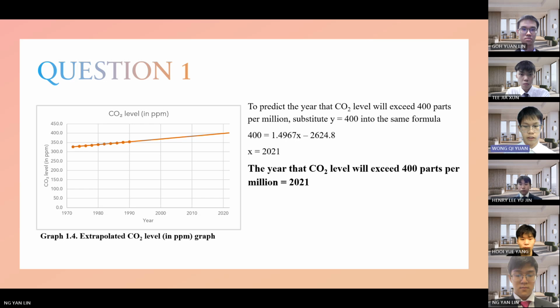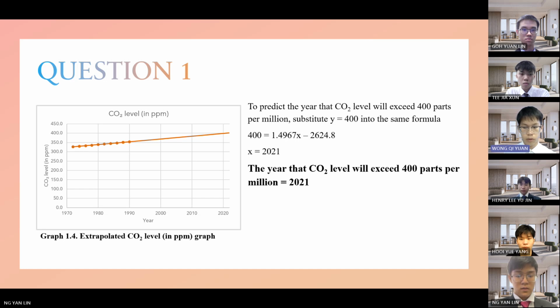We are going to find the year that the carbon dioxide level exceeds 400 parts per million. The subject of the question has changed. Instead of finding the carbon dioxide level for corresponding years, we are going to find the year that exceeds a certain carbon dioxide level. As usual, there are two ways to solve this question. Let's start with the linear extrapolation method.